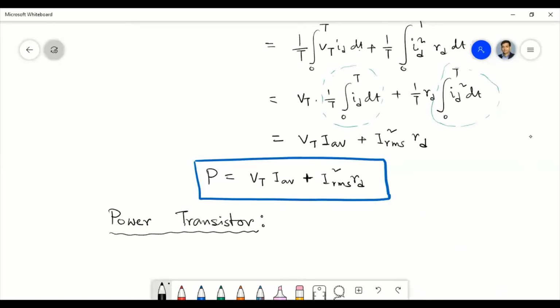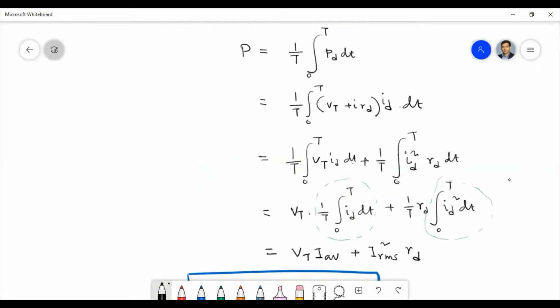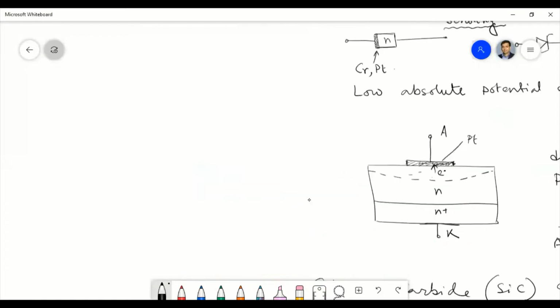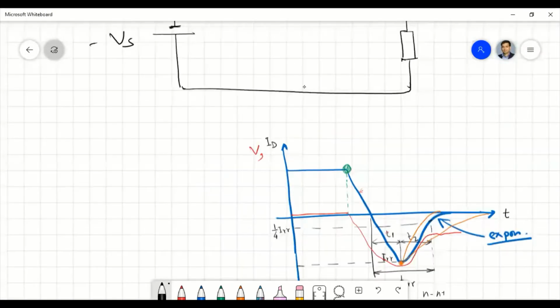We have seen that not only p and n type substrates are there, but p plus, n minus and n plus substrates are present in power diodes. So let me go back to this.